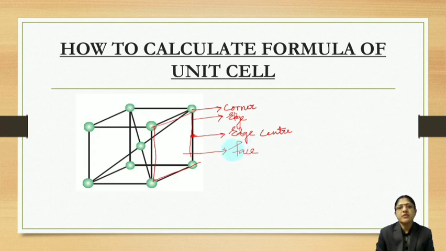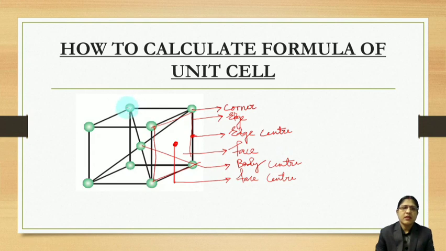In a cube, how many faces are there? 6 faces. And here is the face center, the center of the face. Then this is the body center, the center of the body is known as body center, and this is the body diagonal.